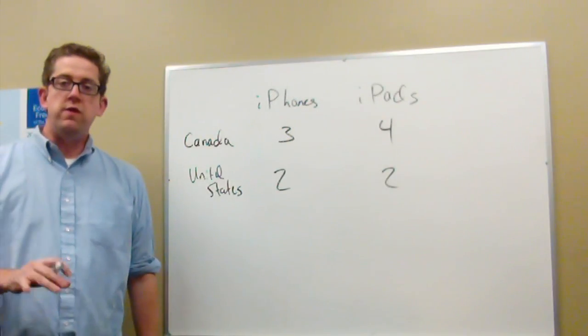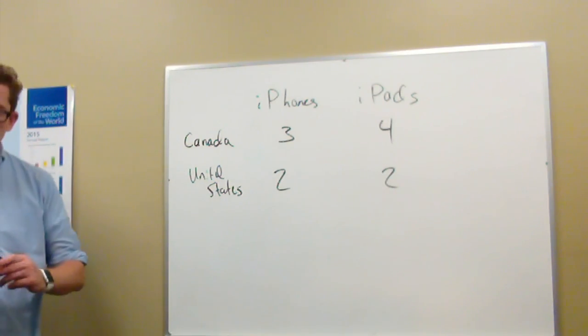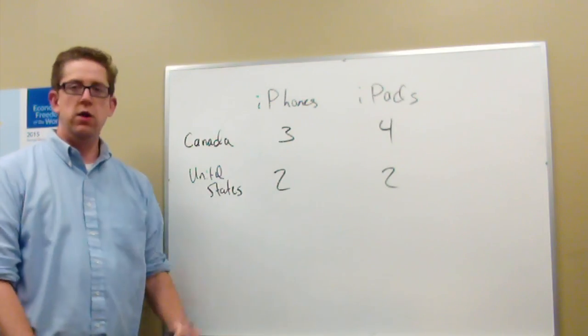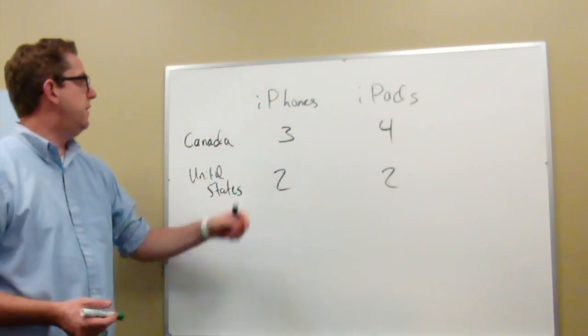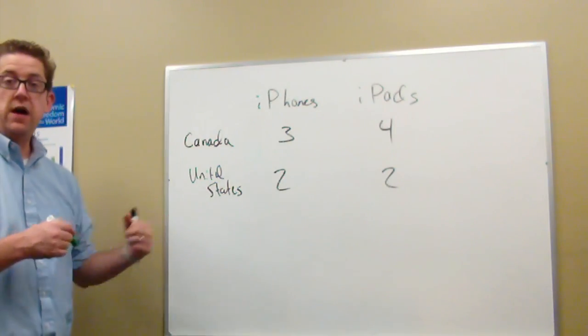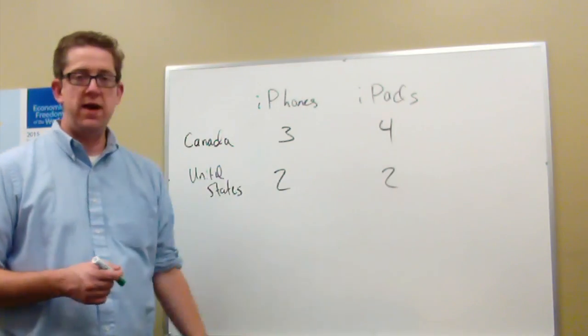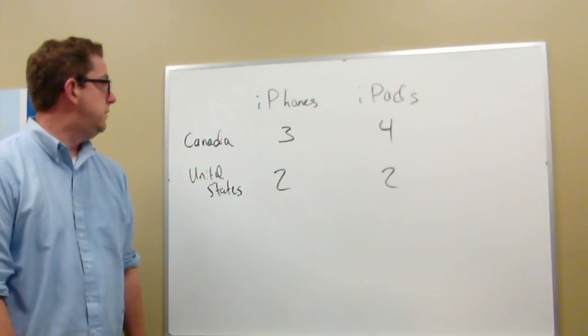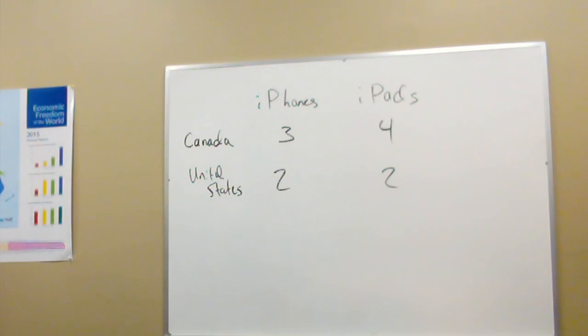Now then, in order to see the form that the division of labor is going to take, what we need to do is compare the opportunity cost of producing iPhones in Canada to the opportunity cost of producing iPhones in the United States. We need to compare the opportunity cost of producing an iPad in Canada to the opportunity cost of producing an iPad in the United States.